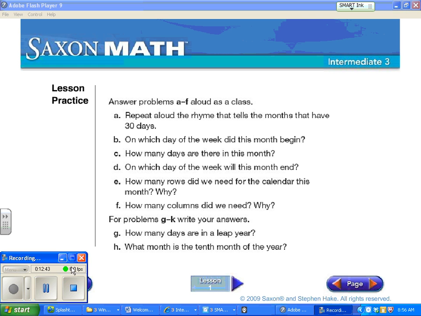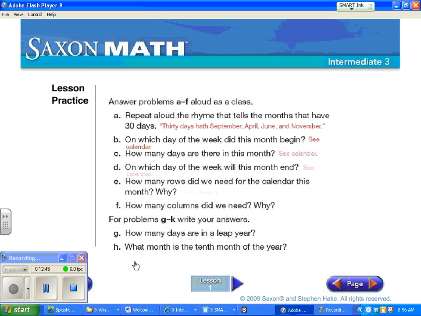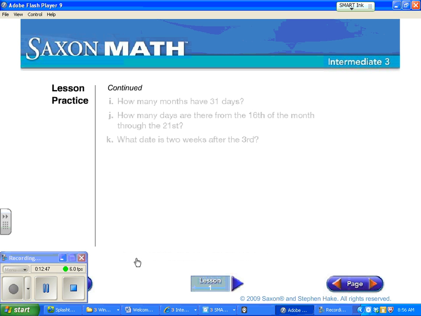And let's see, H. Okay, look at I. How many months have 31 days? Well, we know there are how many months in the whole year? 12, okay? Now, 30 days hath September, April, June, and November. We know that February has 28, so that takes up 5 months.